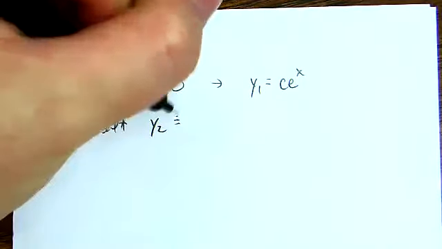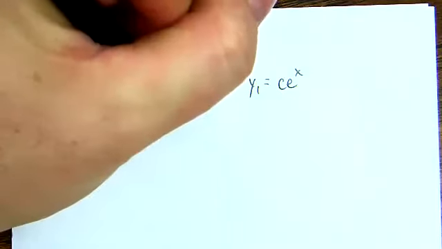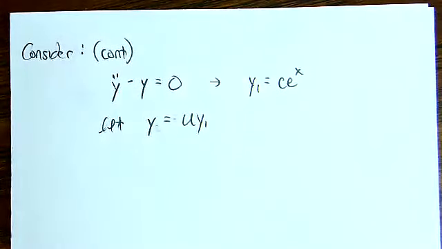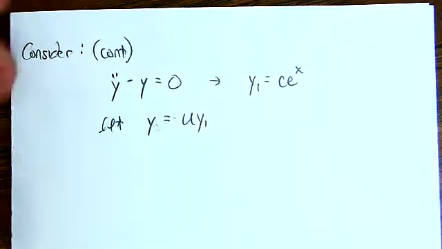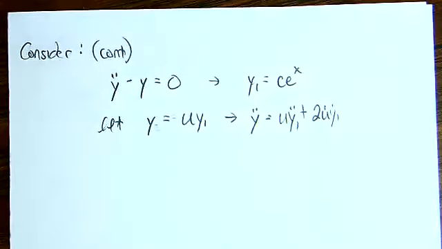Letting y then be equal to some function u times y1, because of linear independence, gave us then that y double dot was equal to u y1 double dot plus 2 u dot y1 dot plus u double dot y1.